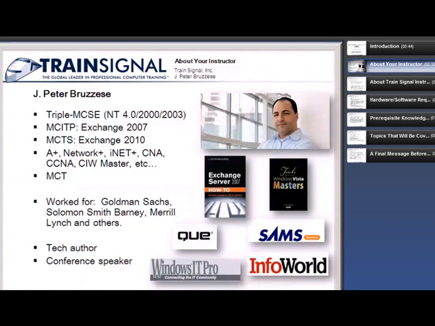I write articles both in print and online for Redmond Magazine, Windows IT Pro, and TechTarget. I've written for Sybex, Que, and Sams, with my Exchange 2007 how-to book being one of my favorite books to date, because Exchange is the subject that I'm most inspired by. And I'm the Enterprise Windows columnist for InfoWorld, as well as a conference speaker for TechMentor, Connections, and other venues. As you can see, I wear many hats.